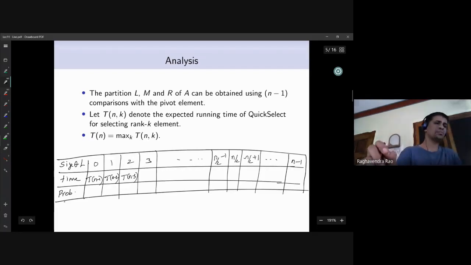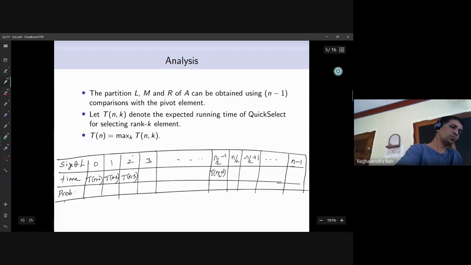When rank is n/2 - 1, size of L is n/2 - 2, and what is size of R? n/2 + 1. So we take that as the worst case. So n/2 + 1, and when size of L is n/2, what is the worst case?